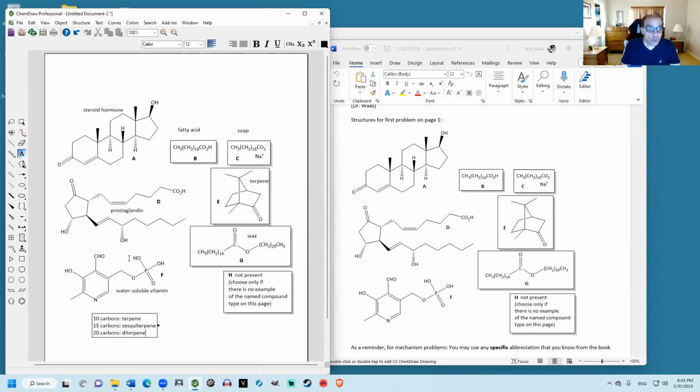Now, your page may not look exactly like this. You may have a bile salt. Let me show you what a bile salt looks like. A bile salt will have a cis ring fusion. This is now a bile salt or bile acid.